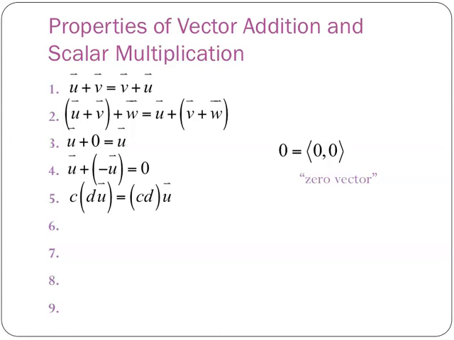Okay, next we have c plus d, again c plus d being scalars, and then if you multiply that by u, that's the same as if you were to multiply vector u by c, and then separately multiply vector u by d, and then add those two together. So if you look at this, this is really just some form of distribution.